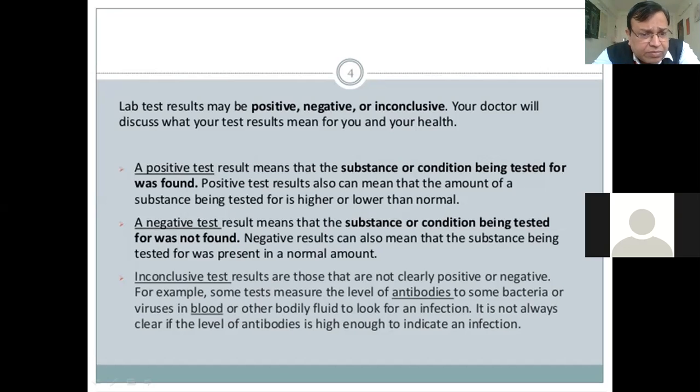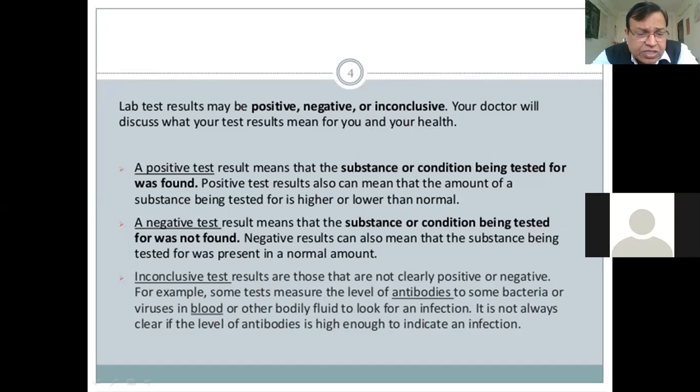A negative test result means that the substance or condition being tested was not found, and a negative result can also mean that the substance being tested for is present in a normal value. So if you got a negative malaria parasite test, it means your fever is not correlated with the malaria parasite.